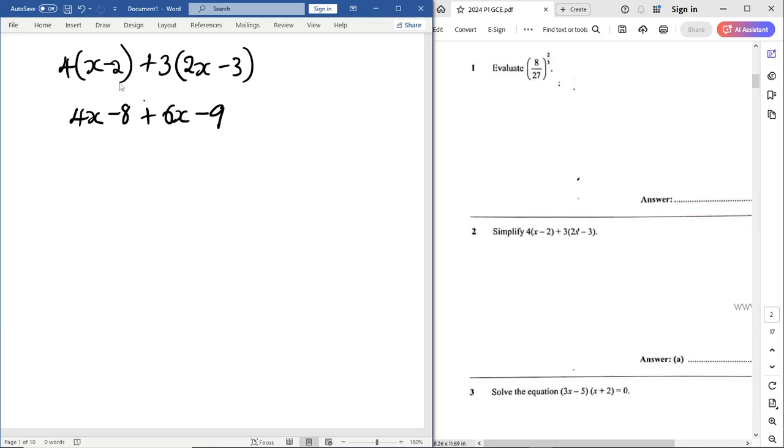So here we put the like terms together, so I have 4x plus 6x minus 8 minus 9. These are like terms, we can add them together, and these are like terms, we can add or subtract them. So 4x plus 6x we get 10x.